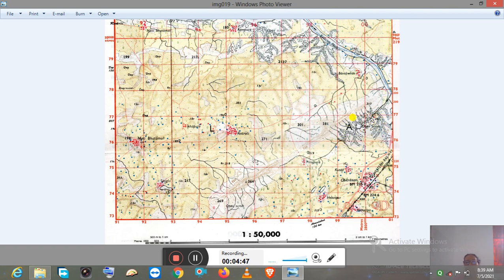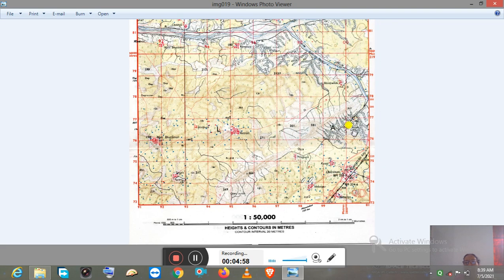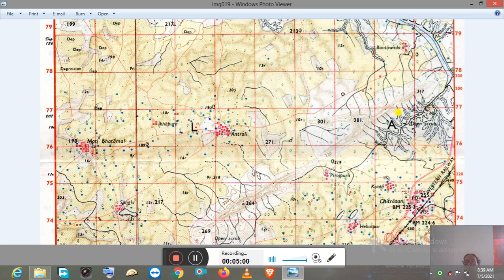And in this grid square you can see these streams are joining the main stream at right angle. This is the trellised or rectangular drainage pattern you are learning.